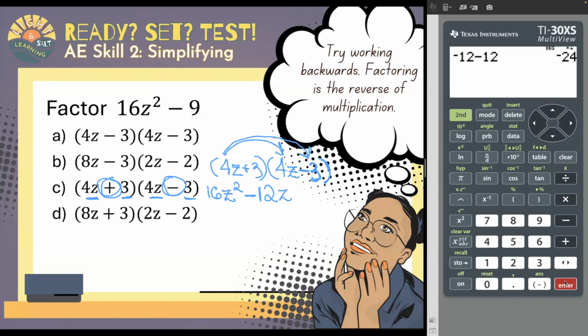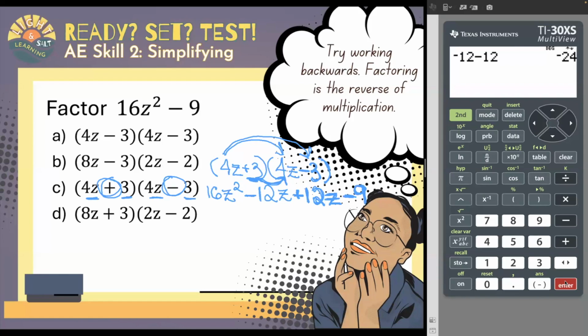But look what happens with this next term. This next term is not -3, it's +3. What's +3 times 4z? Well, it's positive 12z. I have the same basic term, but a different sign this time. And now +3 times -3 is -9.